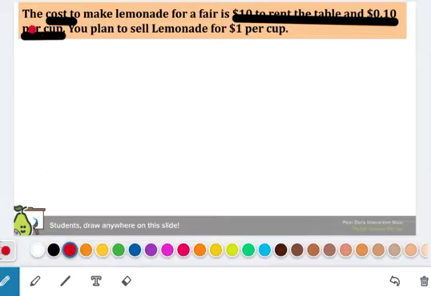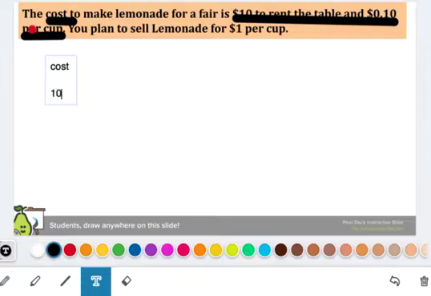They want you to use X and Y. So the cost here is $10 to rent plus $0.10 for each cup. Instead of C, you use X, and that is equal to the cost. If you solve that, you get the cost, and they want cost to be Y.